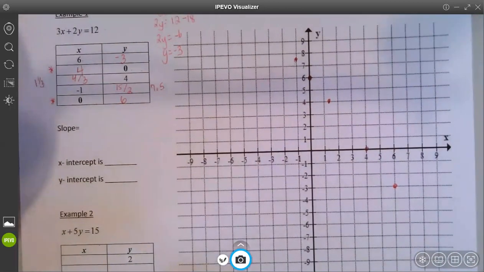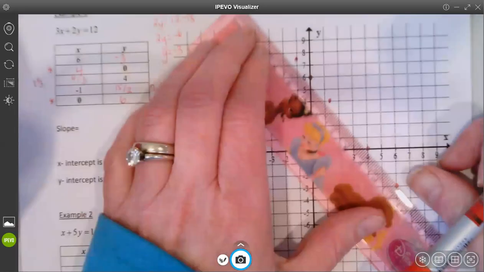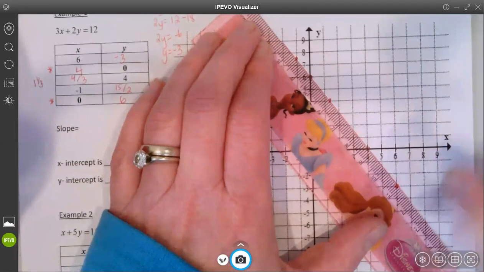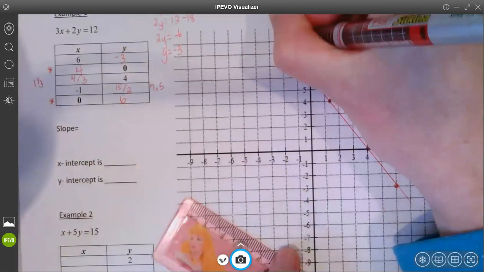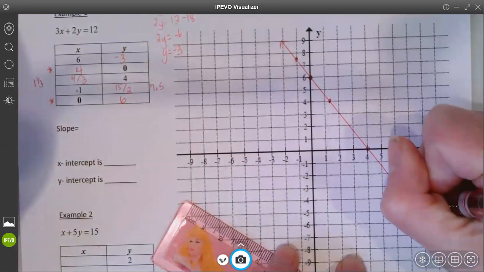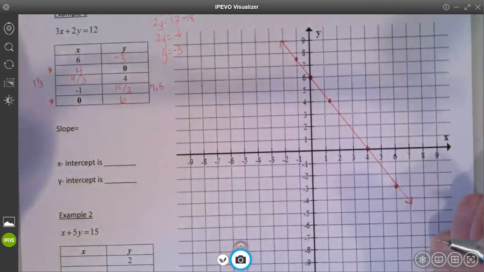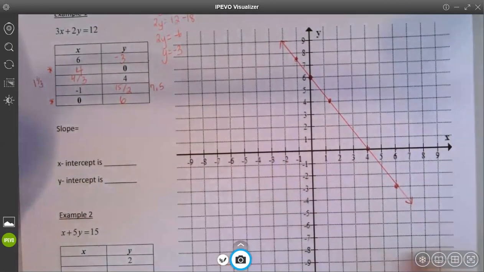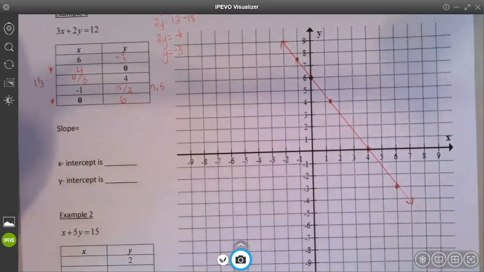So we can now connect these points together. Line them up, and I'm going to put an arrow on each end to show that this line continues in each direction. So the numbers for x can decrease, and also the numbers in this direction, the y values can increase, and we are going to have the line continuing.